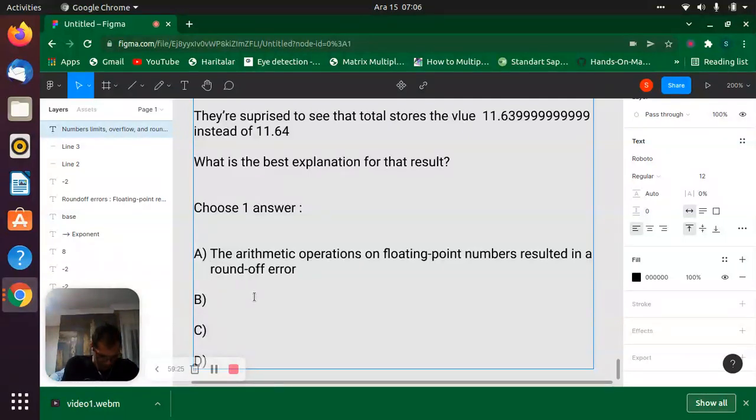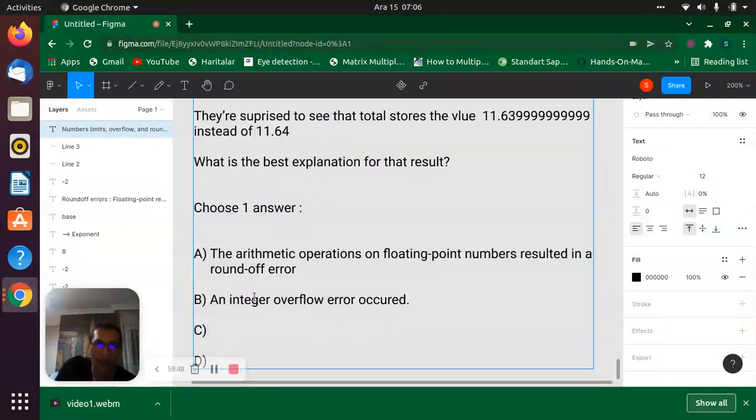The other ones I will write here. An integer overflow error occurred. This one is really not true because we don't have an overflow problem there.